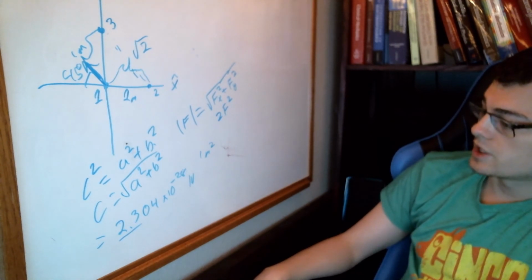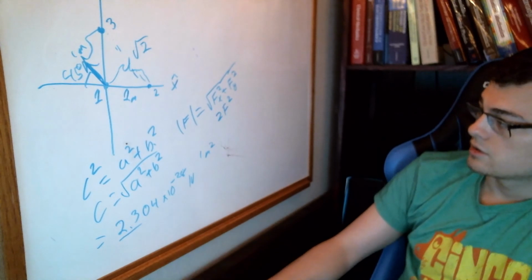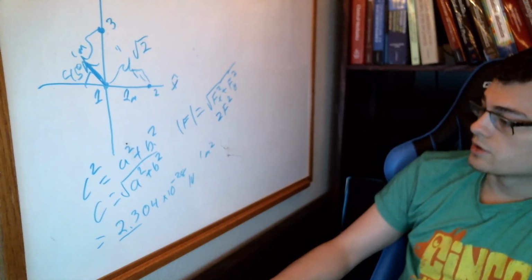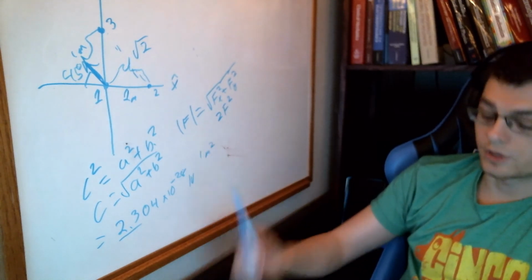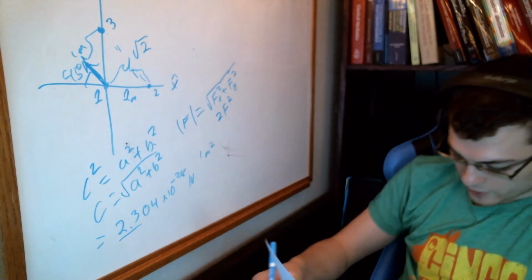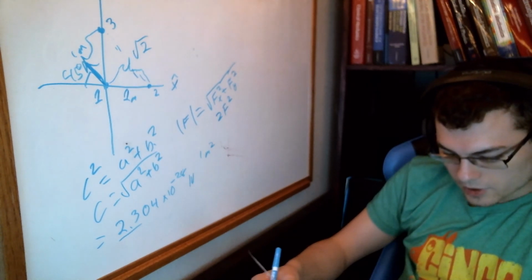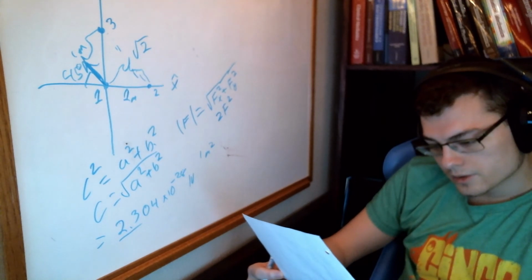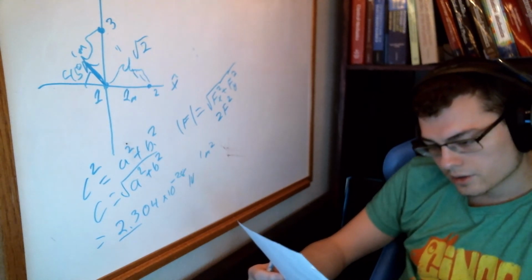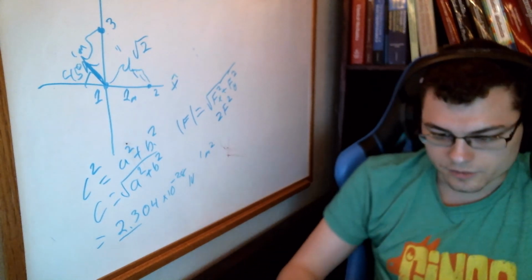All we have to do is square this number, multiply it by 2, take the square root, and that will give us the force. And I believe I've already gone through and done this, except I used different numbers last time. Yeah, I think I did. Oh yes, because I did it on a different direction.